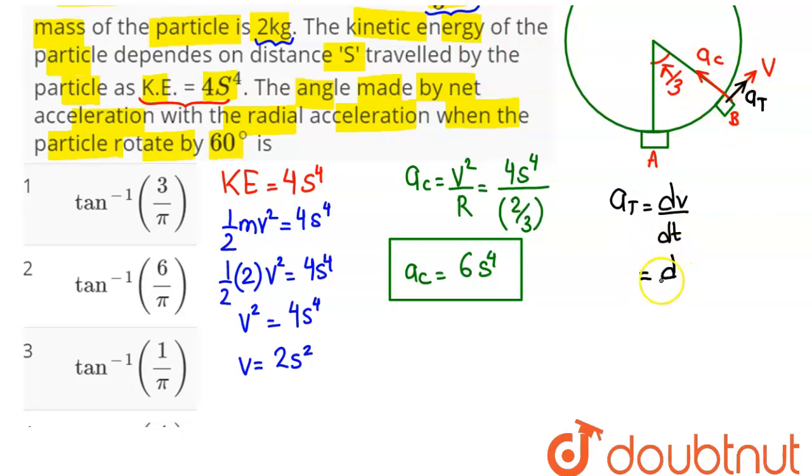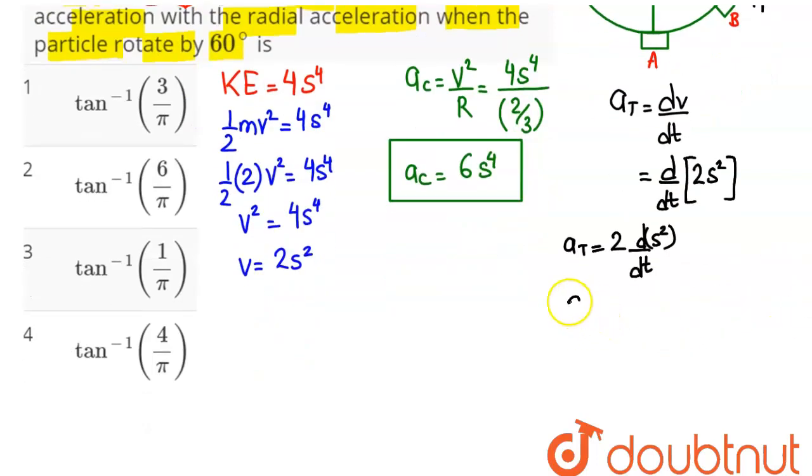So this comes out as dv by dt, where we have velocity as 2s square. So tangential acceleration comes out as 2, which we bring outside, d by dt of s square. Now differentiating this, applying the chain rule, this comes as d by ds of s square into ds upon dt.